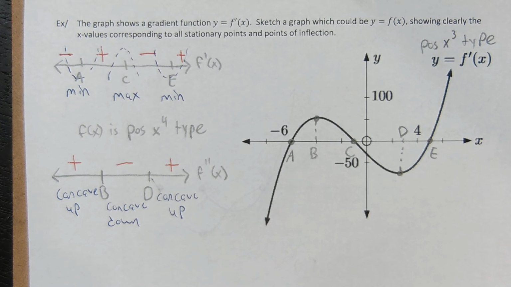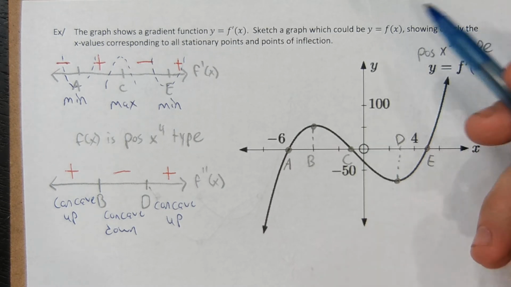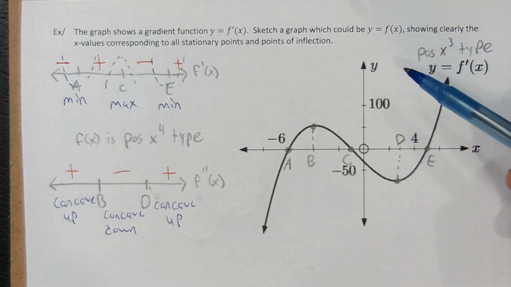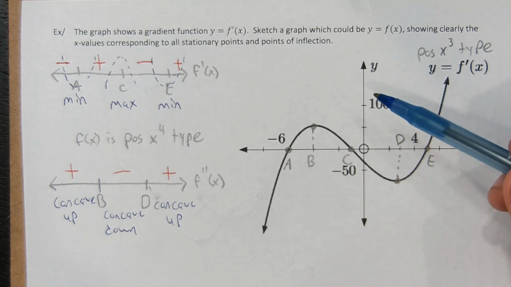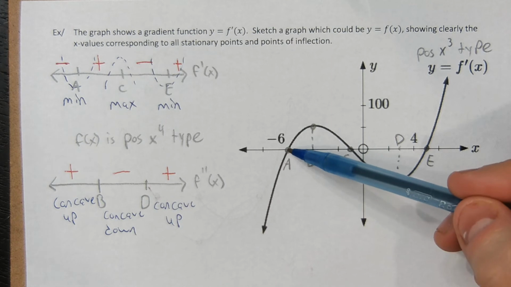There we go. Time to start sketching. What color do I want to use? Let's use blue. We know for a fact that we have both endings pointing up. We know that our curve is stationary here, but it has a minimum.